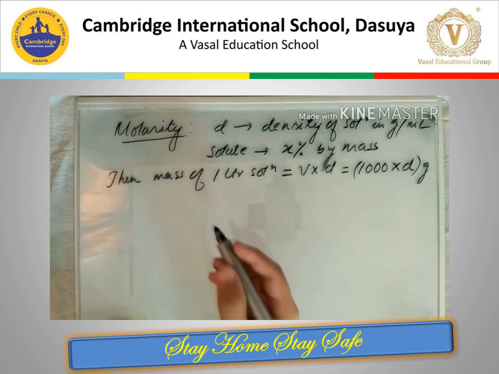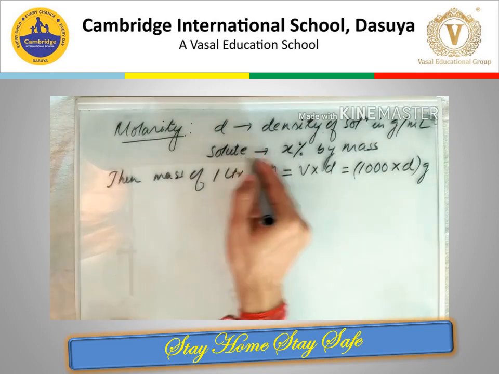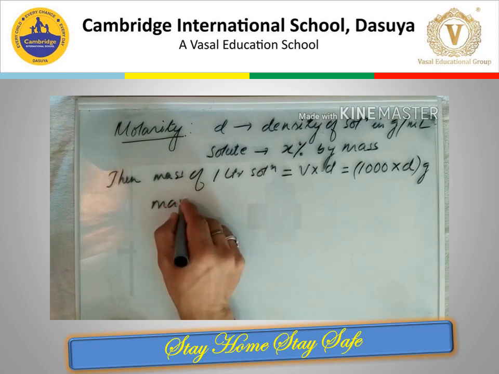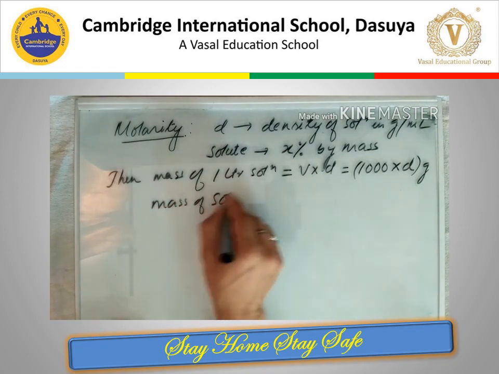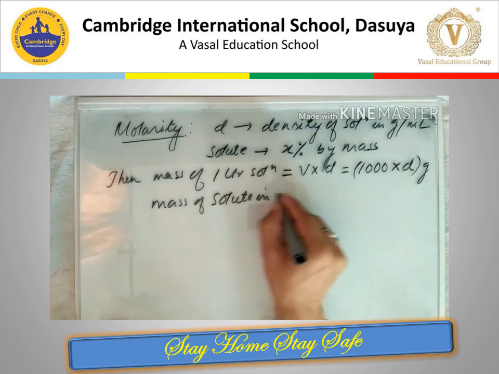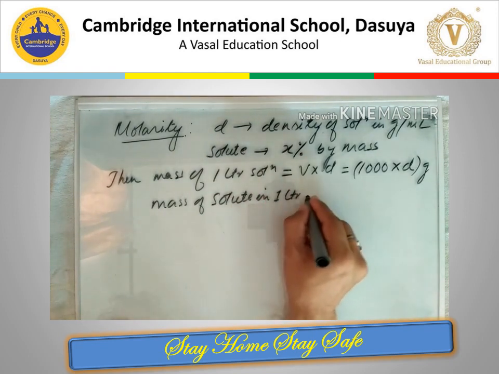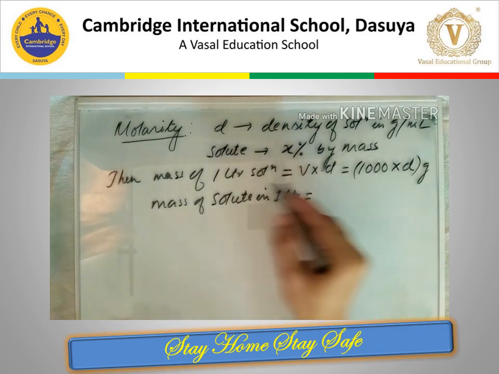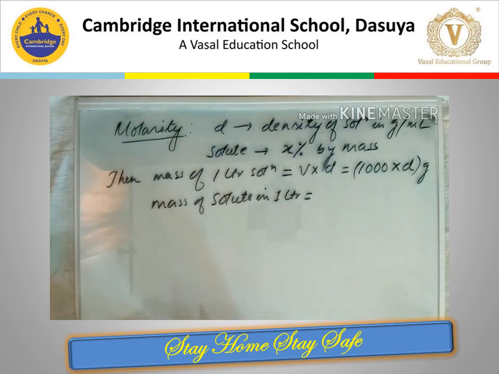Now the mass of solute in 1 liter is mass percentage X% of this one.